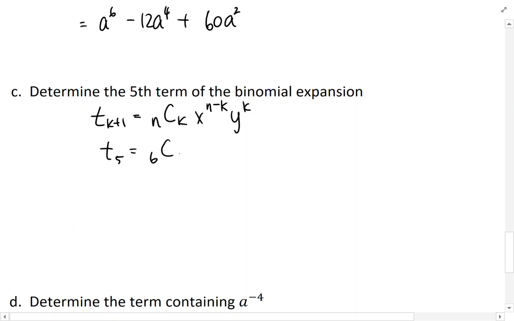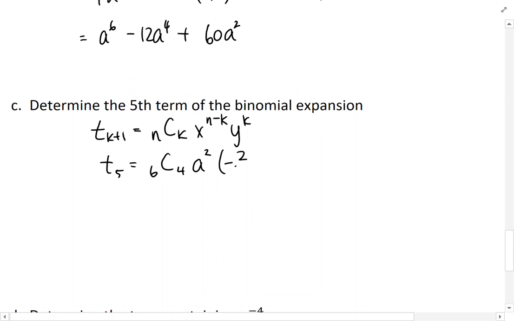So it's 6C, and since it's the fifth term, this is actually a 4. Our x is a, so we have a. n minus k is 2. And our y is negative 2 over a, right? Negative 2 over a. And our k is 4. So now it's just a matter of simplifying it.